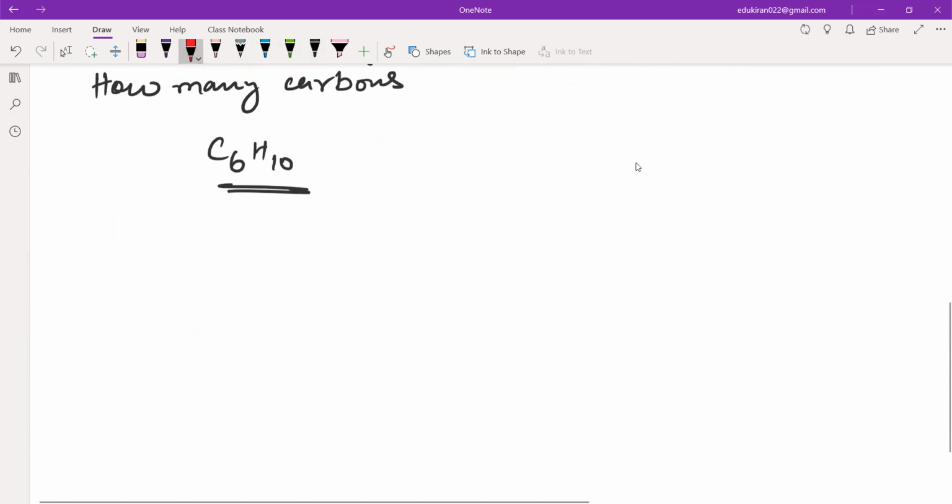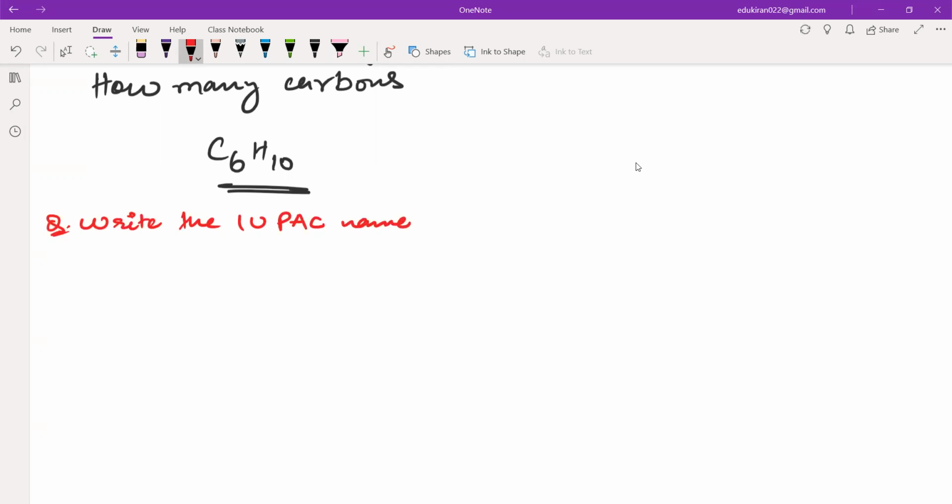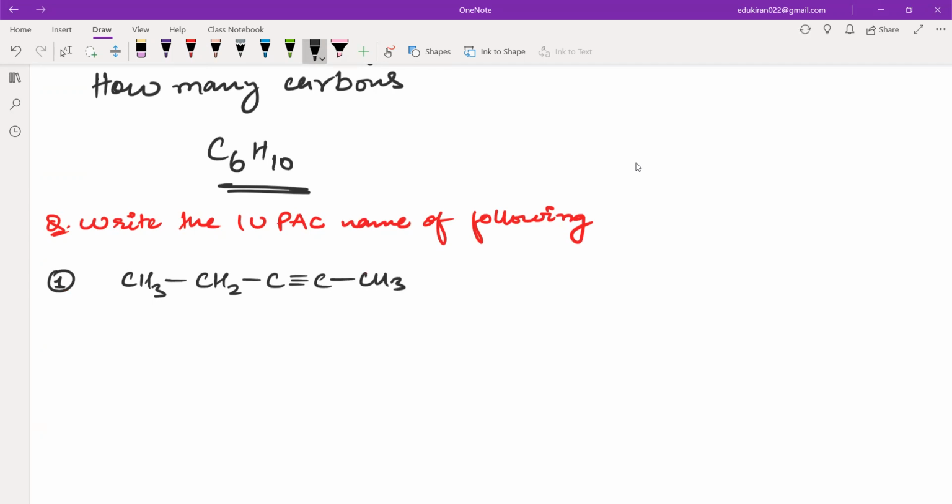Okay, let us also revise a bit of nomenclature. I'm giving you 2 compounds. You will have to write the name. Write the name of this molecule.